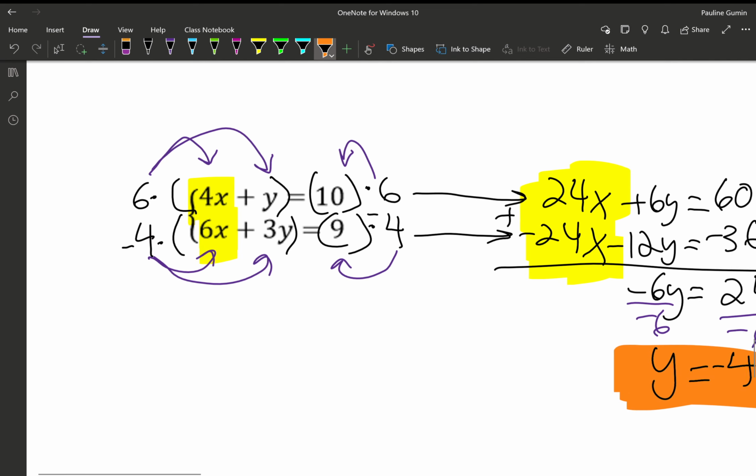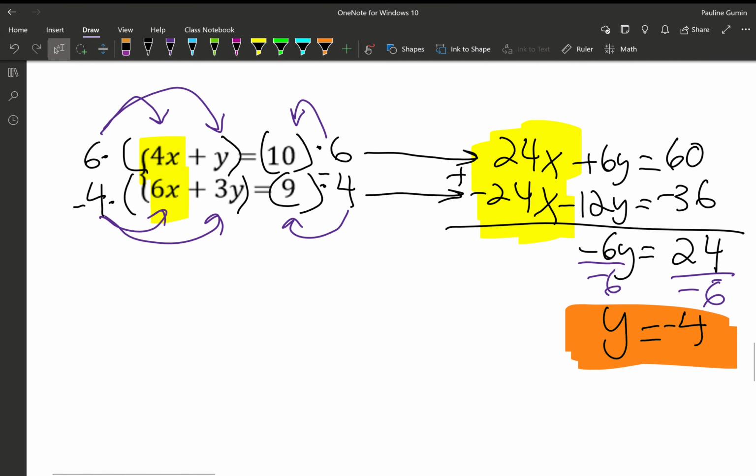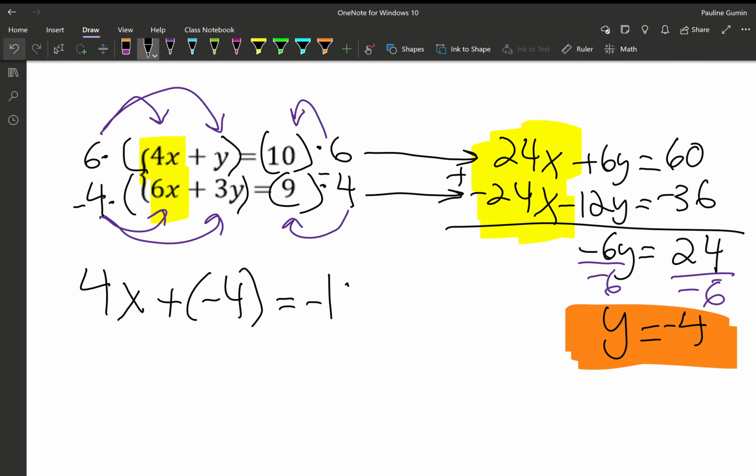We can pick whichever of the equations we want, as long as it's the original one. I'm going to choose the one on top. All right, so 4x plus negative 4 instead of y equals 10.